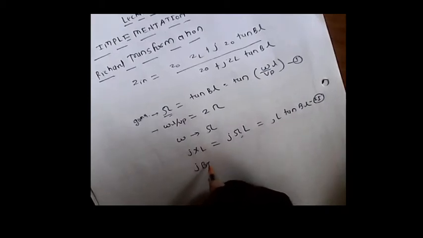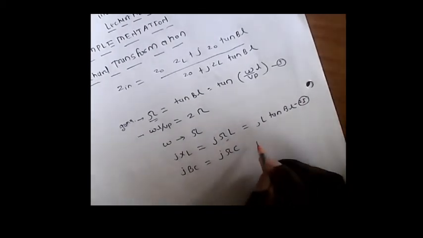Similarly, the susceptance of a capacitor in the LC network, jBC = jωC, can be replaced by jC tan βl. This is equation number 3.